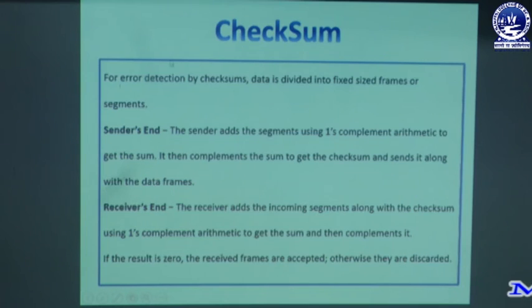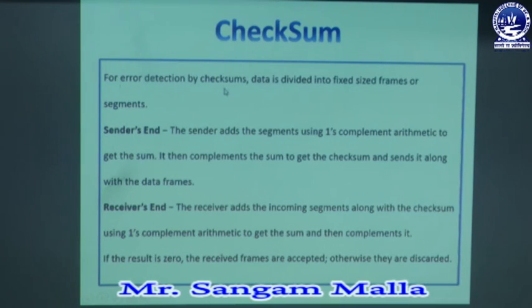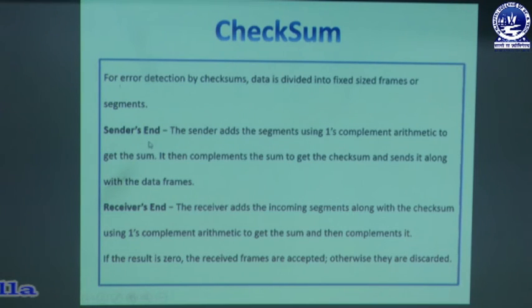Now we will move to an error detection method in which the data is divided into fixed size frames. The first is the sender's end, and the other side is the receiver's end. Now we move to the sender's end. The sender adds the segments using ones complement arithmetic in order to get the sum.